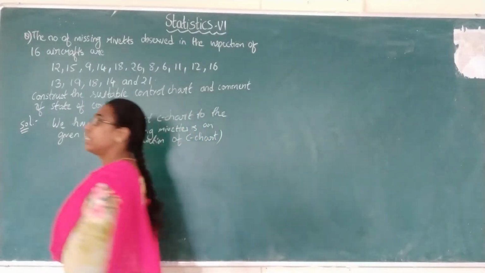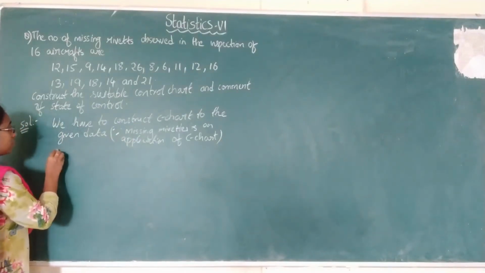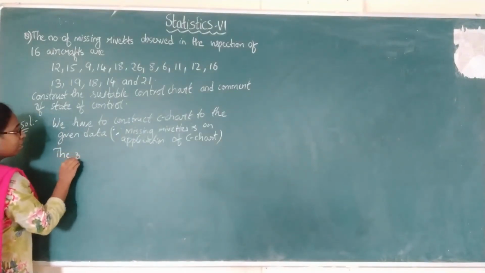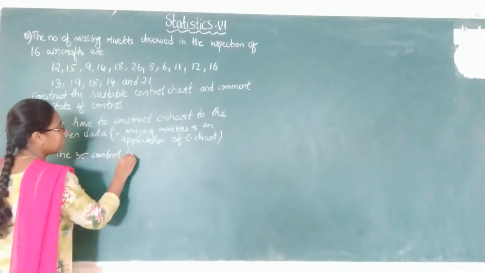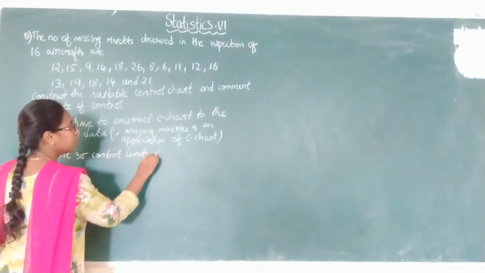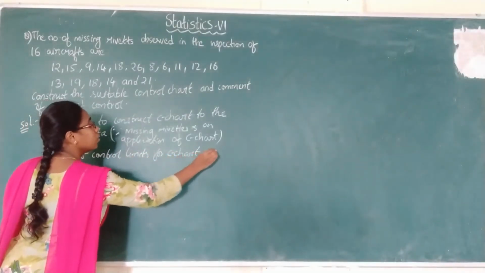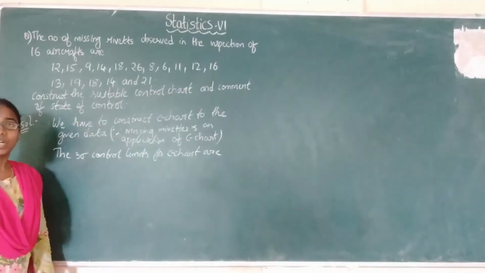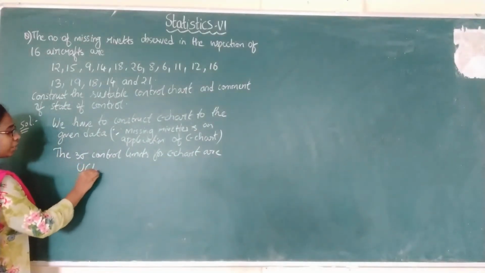So coming to the C chart, here the standards are not specified. So what are the 3 sigma control limits for the C chart? First, write down the UCL value.